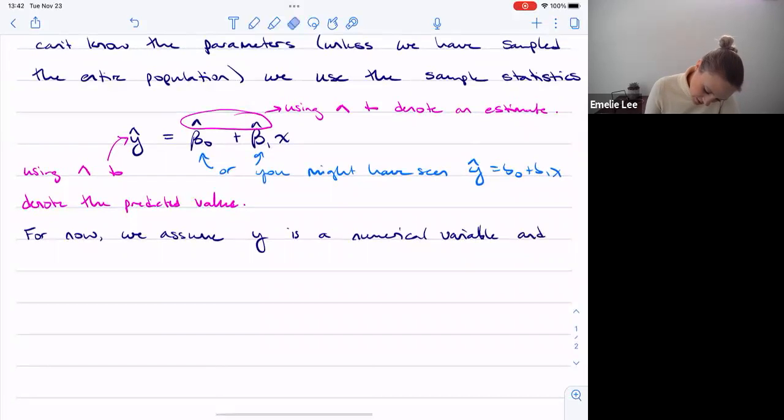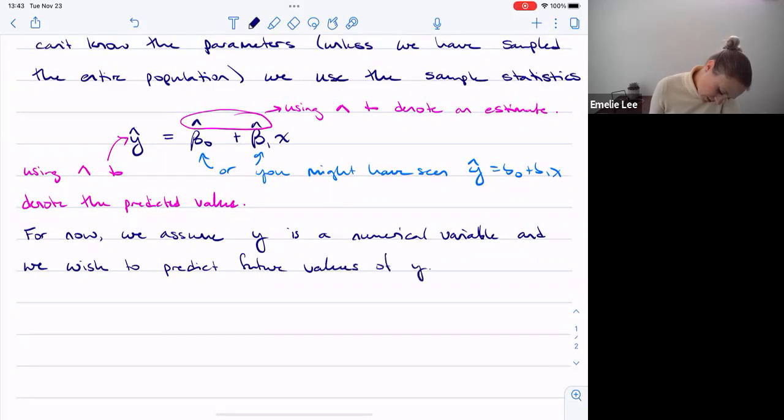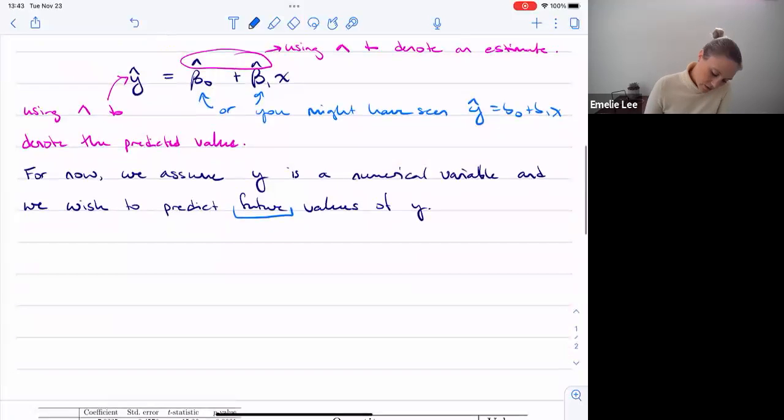Future does not necessarily mean on a timeline. What I'm talking about is unseen values, not necessarily in time.